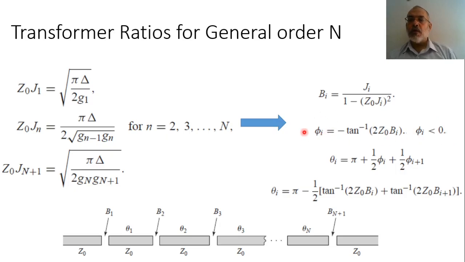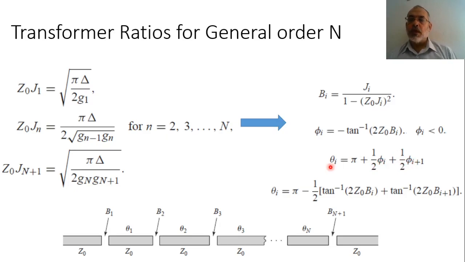And if I know phi i now, I can obtain theta i. Theta i corresponds to the electrical length of these resonators. So theta i equals pi plus 1 over 2 phi i plus 1 over 2 phi i plus 1. So if I am talking about theta 1, I'm talking about pi plus 1 over 2 phi 1 plus 1 over 2 phi 2.